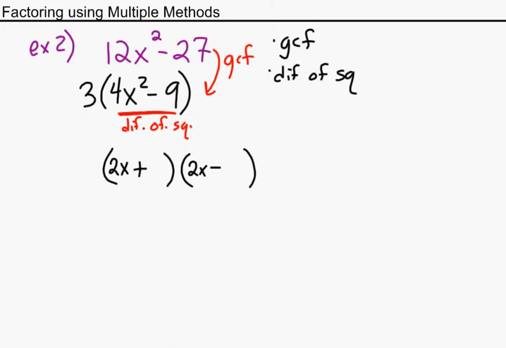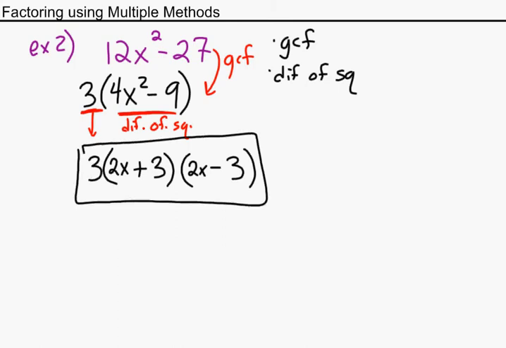I use a 3 and a 3 in order to get the 9. And again, do not forget the GCF that's out front. You have to drop it down in order to get my final answer. There's 3 pieces to my final answer: a constant out front, and then my set of conjugates. And if I FOIL those all out, I would get back to my original.